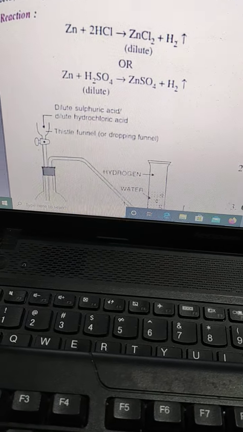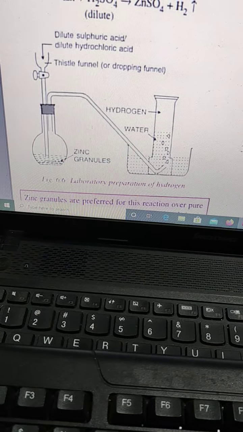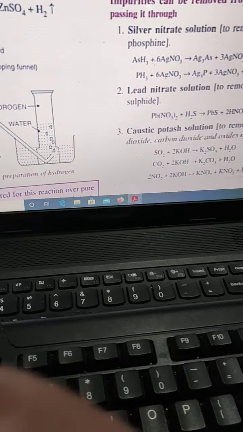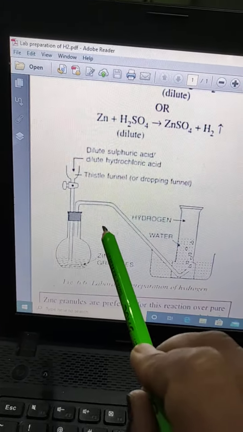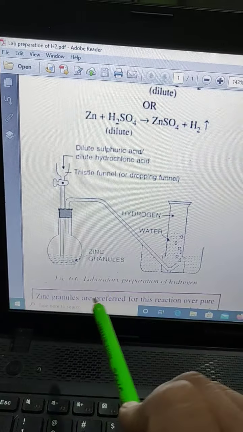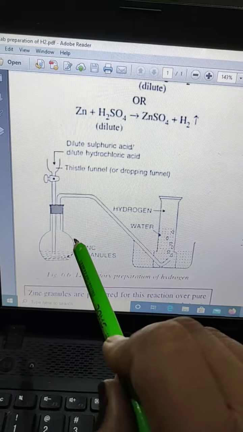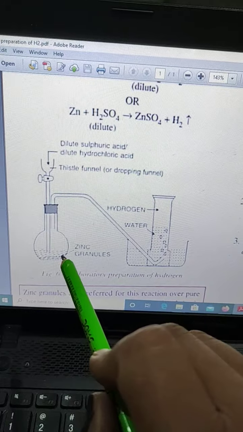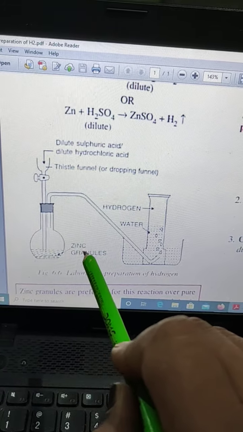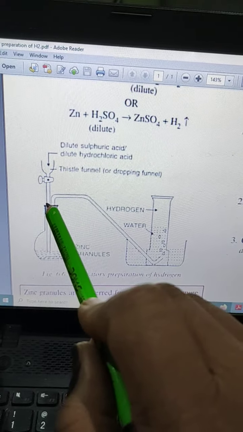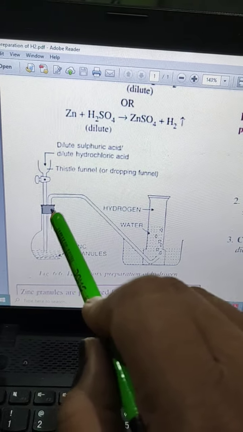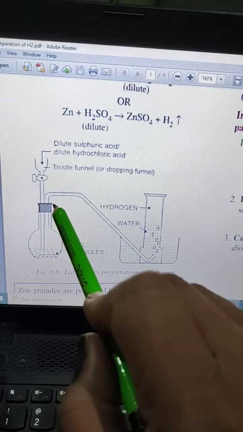For this, we need to make an arrangement. In this diagram, if you see, this is a round bottom flask. You need to take a round bottom flask, and at the bottom we'll put some zinc granules. This round bottom flask is closed with a rubber cork with two holes.